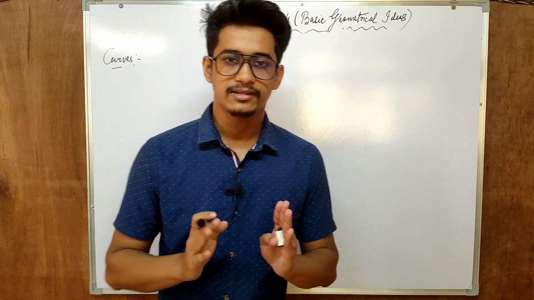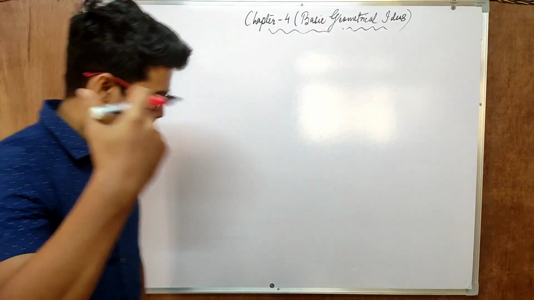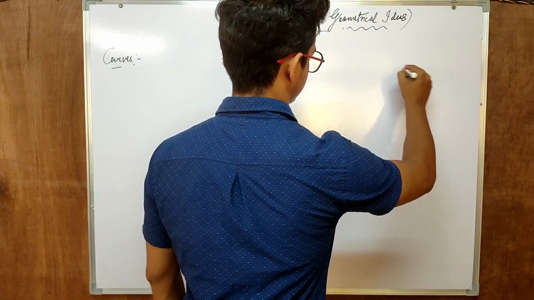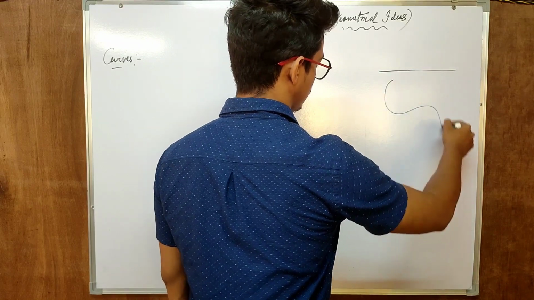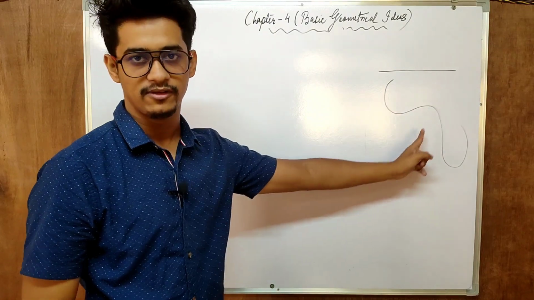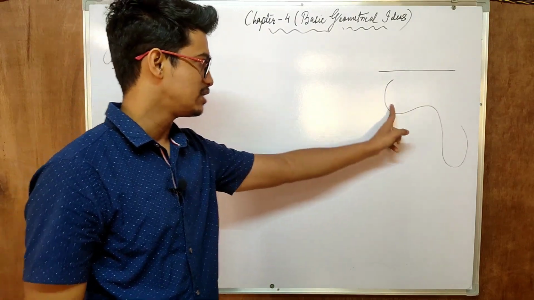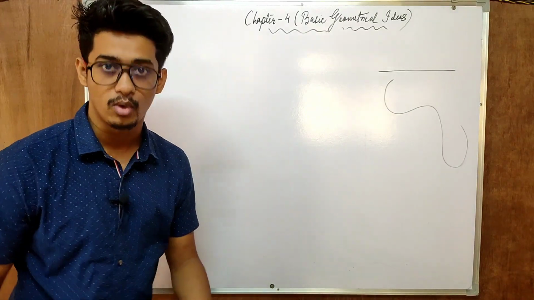The first concept is curve. In general thinking, we think a straight line is not a curve; a curve means something with a tilt. But in mathematics, a straight line is also a curve. Why?